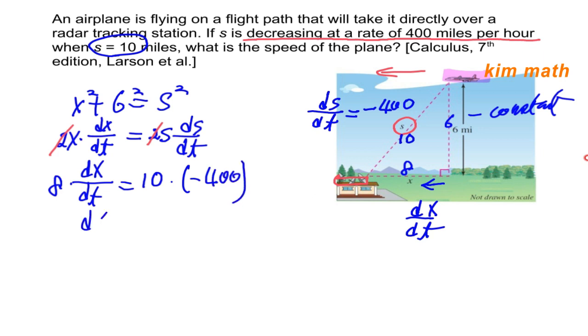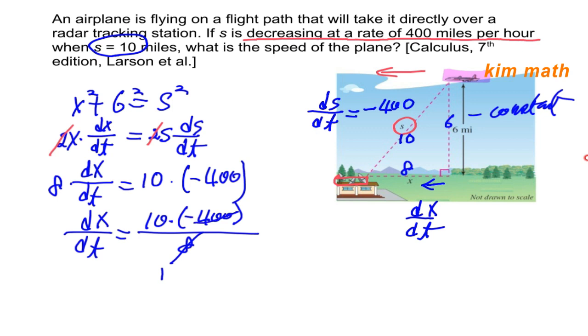So dx/dt will be 10 times negative 400 divided by 8. Negative 50, so this will be negative 500 miles per hour.